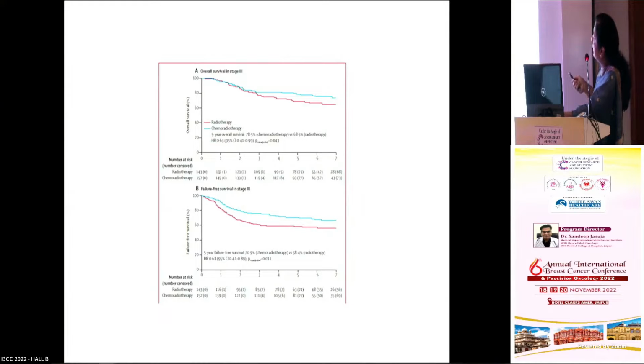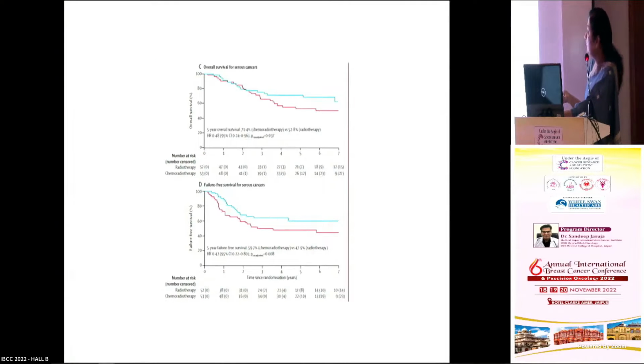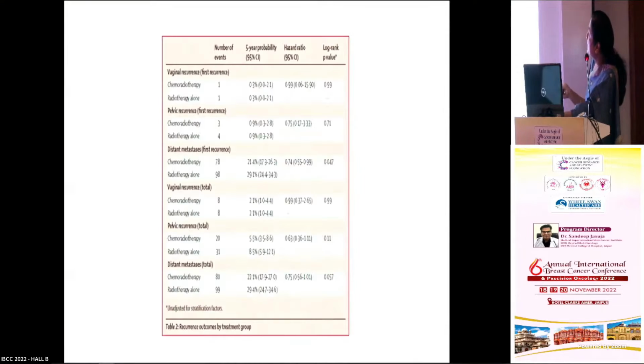See, this blue line is the chemoradiation, which is better survival overall and failure-free survival in stage 3. So here they established the definite role of chemotherapy along with radiotherapy in advanced stage endometrial cancer. Also similar were the results for serous cancers.